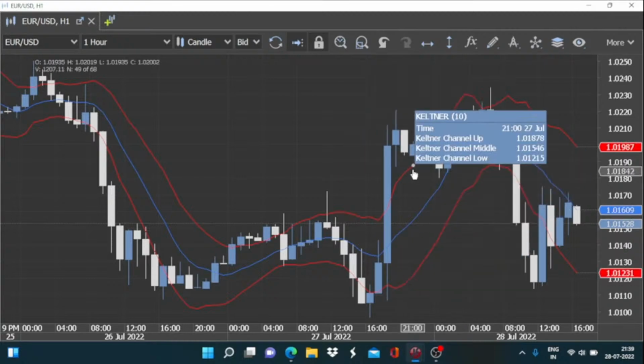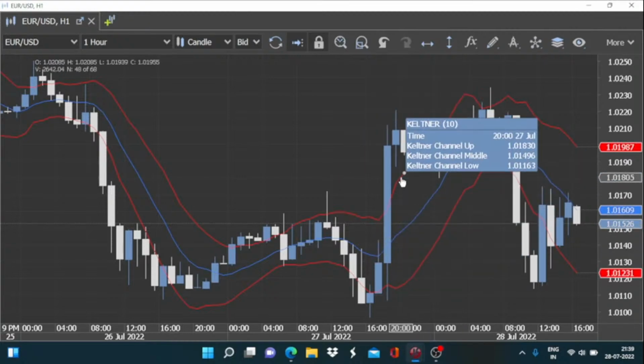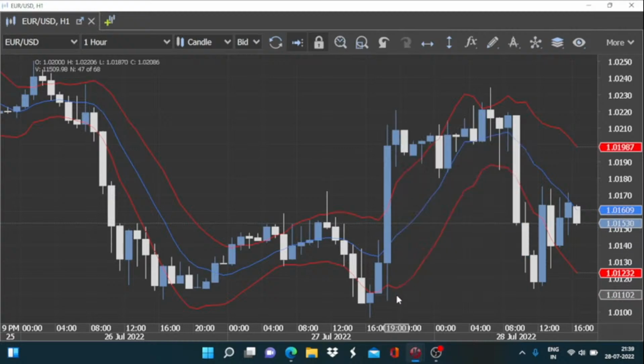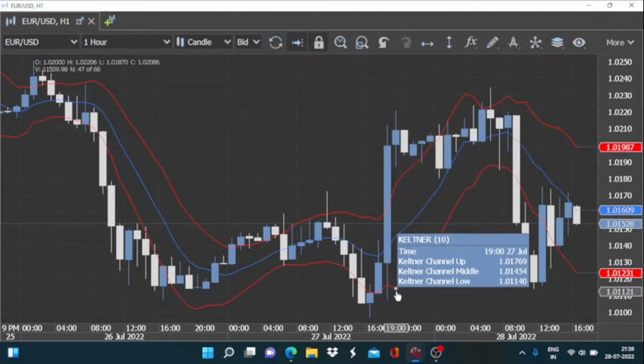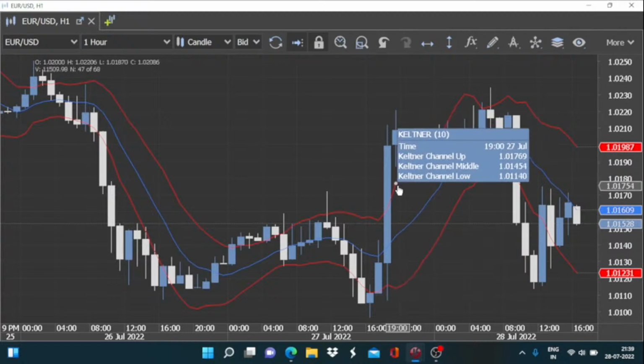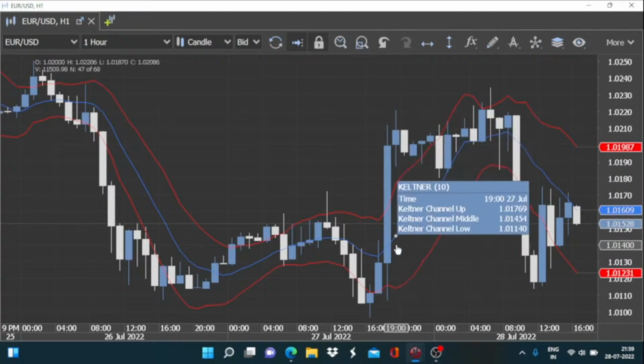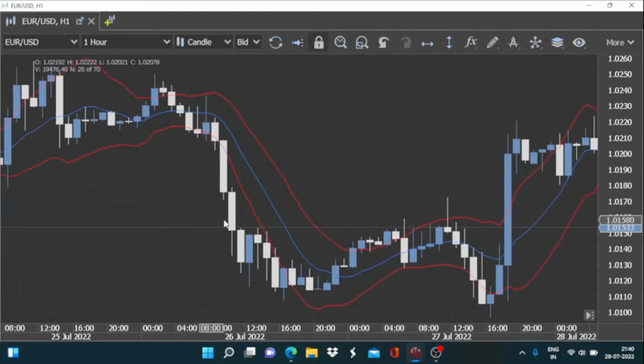And if you consider this instance, we had this sharp move on the higher side, so we had expansion happening in these Keltner channels because the volatility increased, resulting in the increase of the ATR. So we had these bands expanding further with the middle line of the EMA also starting to climb up. So the inclination started to go up. So that's how this whole setup works.